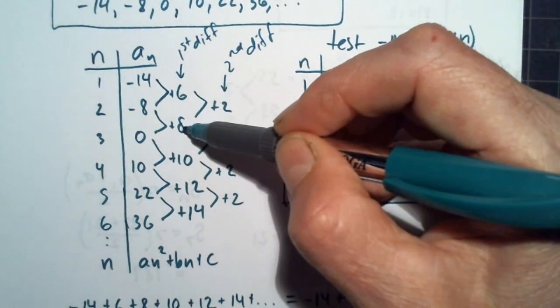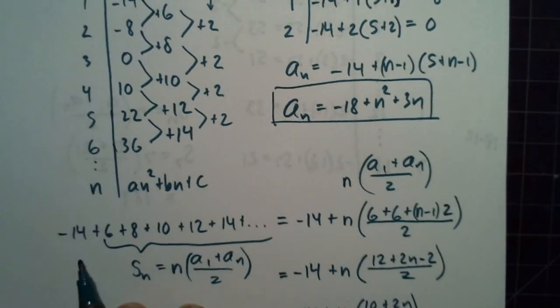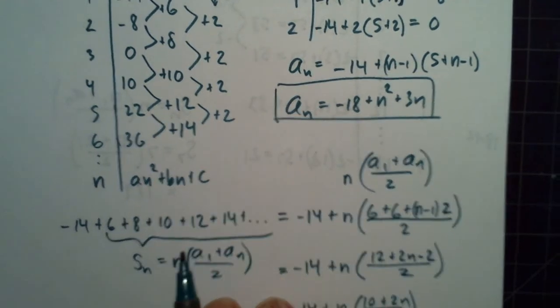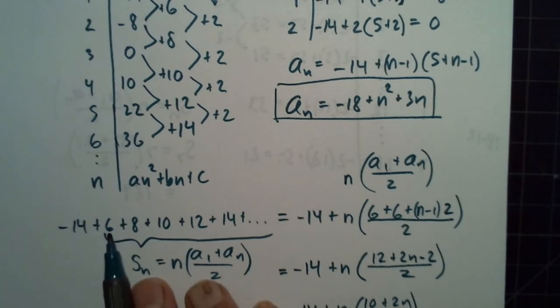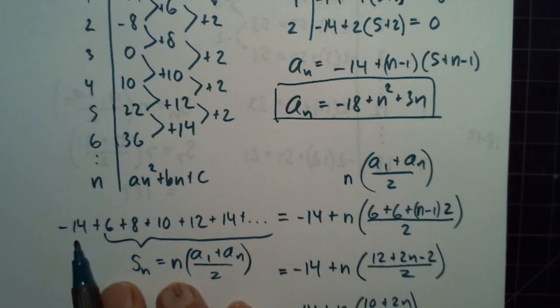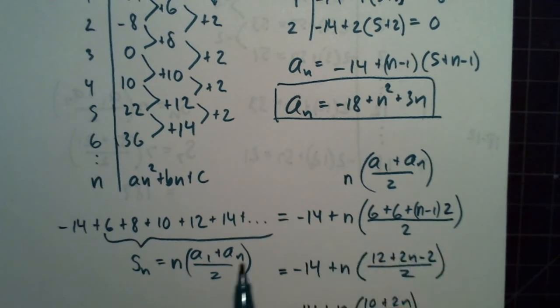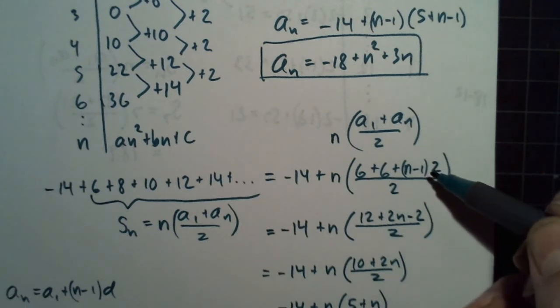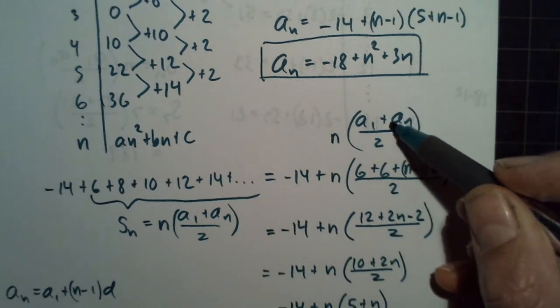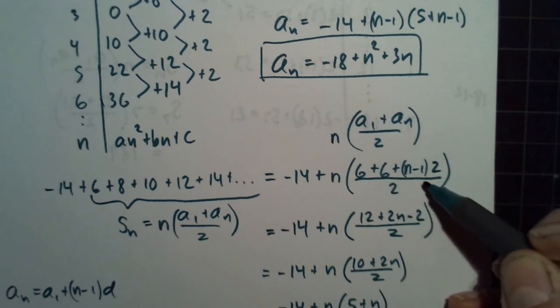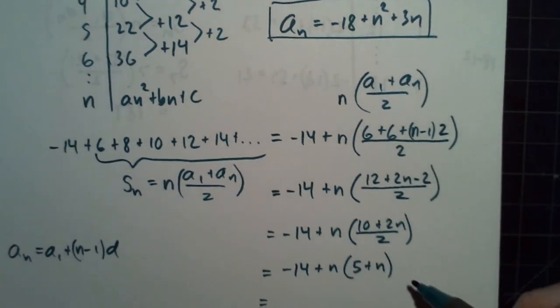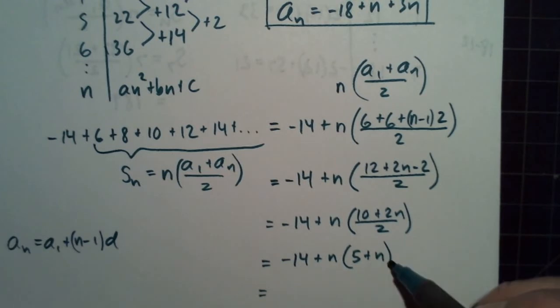Negative 14 plus 6 plus 8, when you write those out, now we see an arithmetic series, except for the negative 14. So I represent this with the formula, and then just make sure we don't forget about the negative 14. So all of this is negative 14 plus the formula for the sum of an arithmetic series. And we don't know a sub n, but we know a formula for a sub n, then we just simplify down.